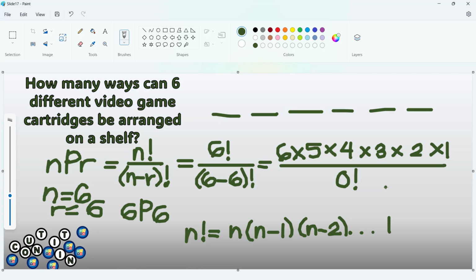The reason why I also chose this item, even if this was already solved from last time, aside from the fact that this captures the idea of permutation, is that for us to analyze or be familiar with 0 factorial. When we use this kind of concept, of course, the product of all integers, that would be 0. But this is a special type of factorial notation because 0 factorial is always equal to 1.